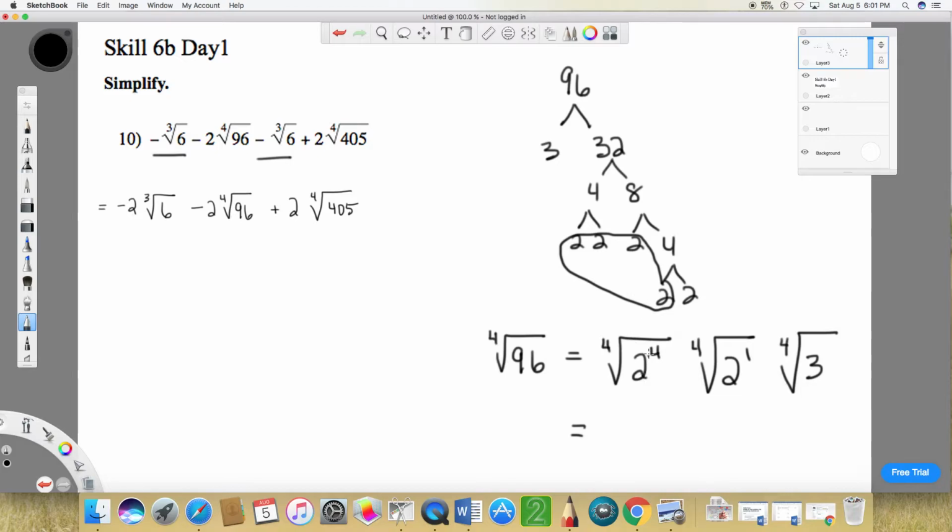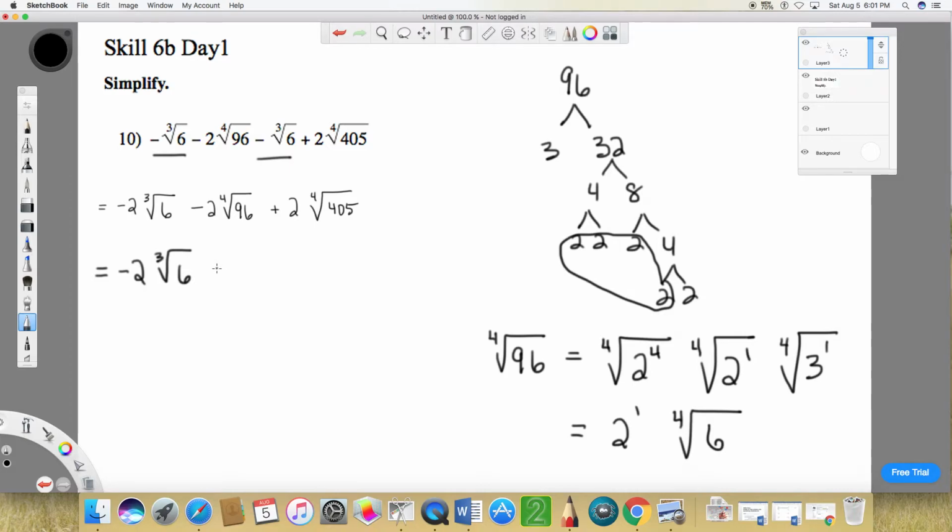So having one group of 4, we can say 2 to the first. And since we couldn't simplify these, we can combine them underneath a single radical. That 2 times 3 is 6. So we can return to this and say, well, that first term, I can't do anything more with it.